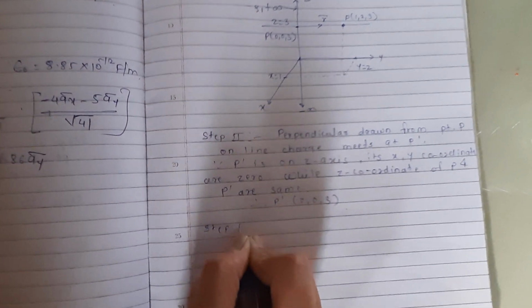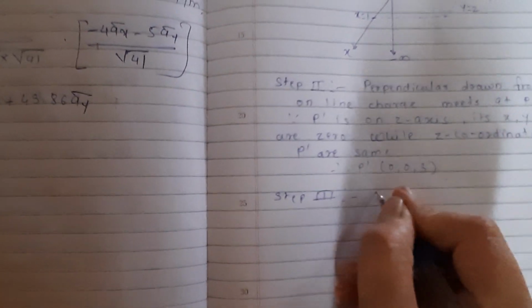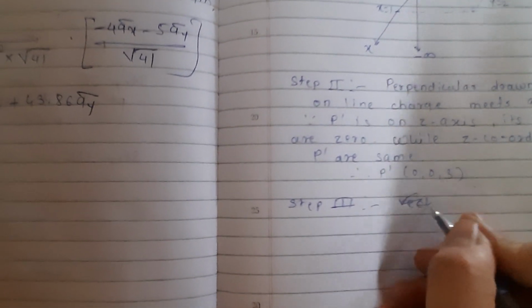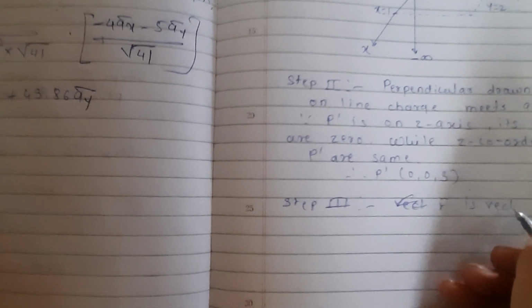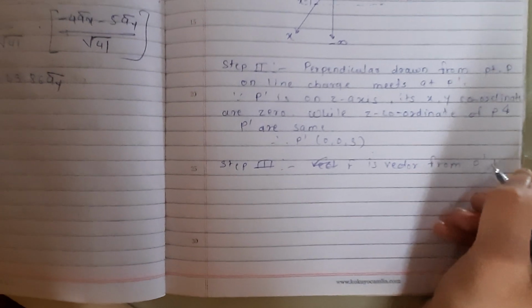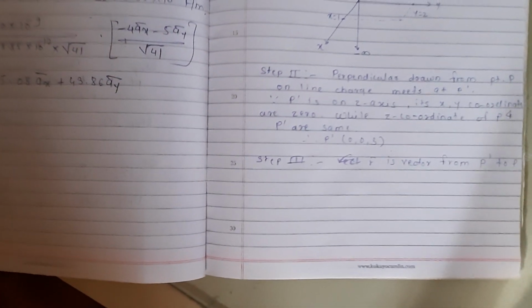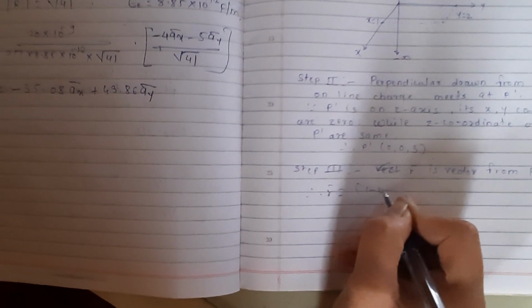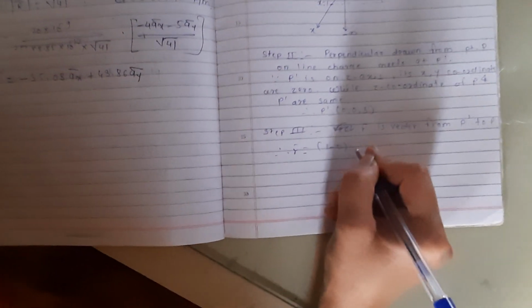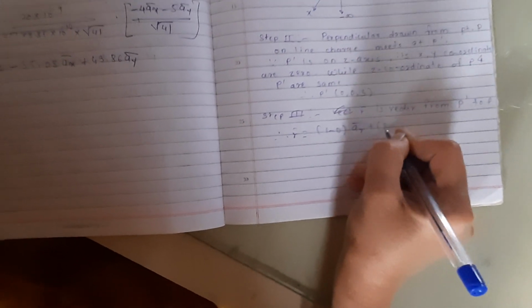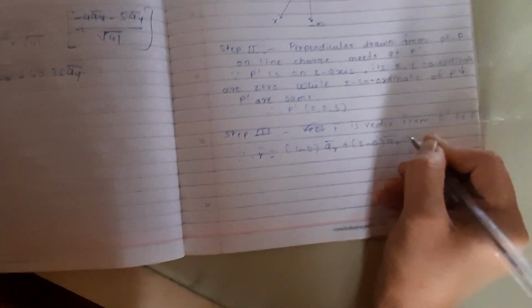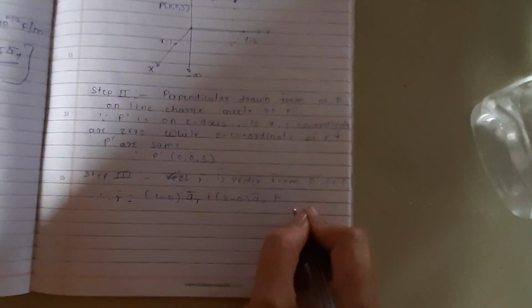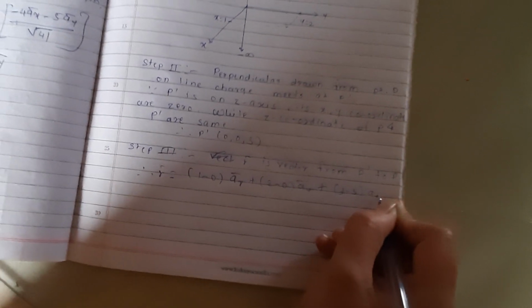Next is step 3. So here vector R is drawn. R bar is a vector from P dash to P. So R bar is equal to (1 minus 0) AX bar plus (2 minus 0) AY bar plus (3 minus 3) AZ bar.